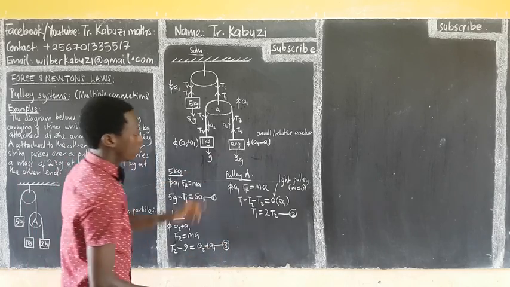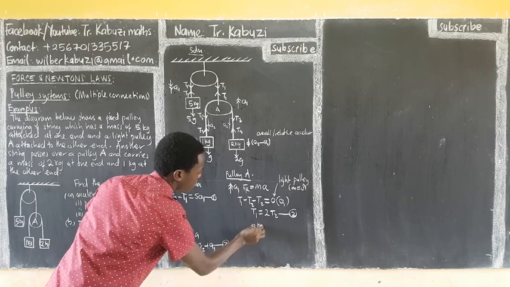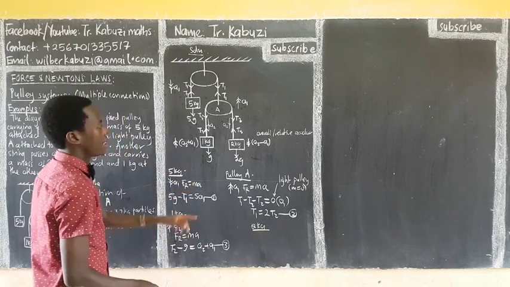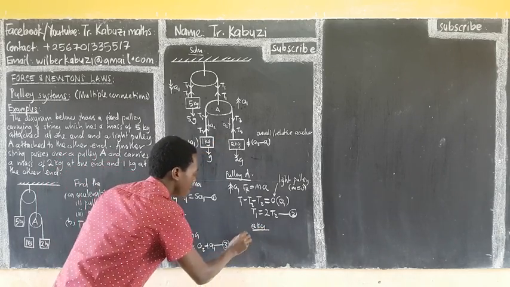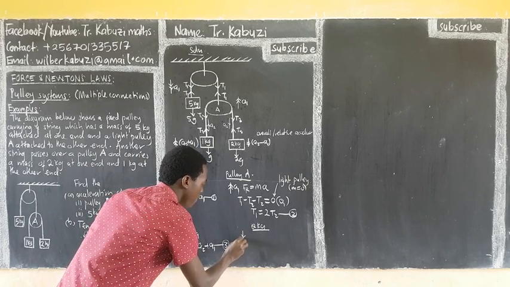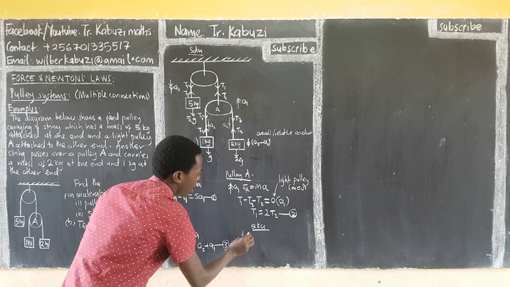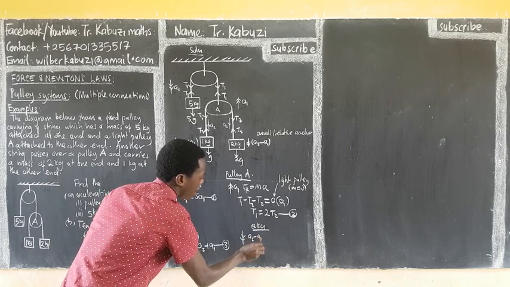And I come now to the 2 kilogram mass. You see now, its acceleration is downwards, so a2 minus a1.